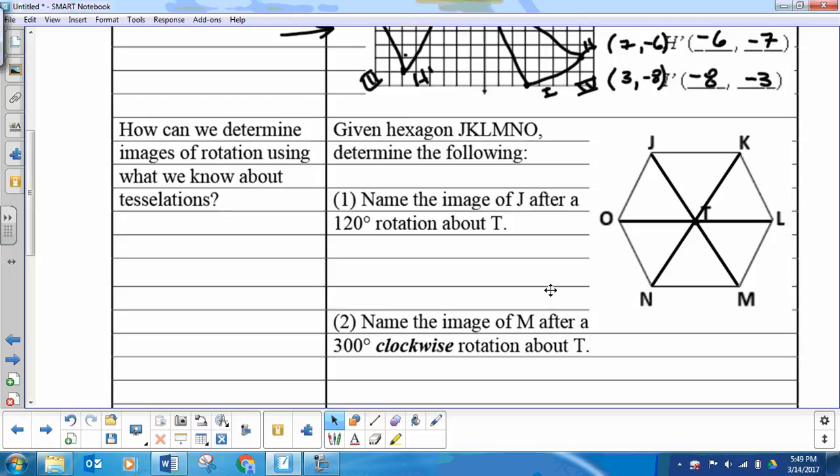And really, when we're talking about rotations, this is the best way to represent the way we're going to rotate this information. Remember our tessellation, when we have a point in the middle of numerous angles, we've got a 360-degree rotation occurring. And that concept of tessellations actually applies very well here in our rotations world.